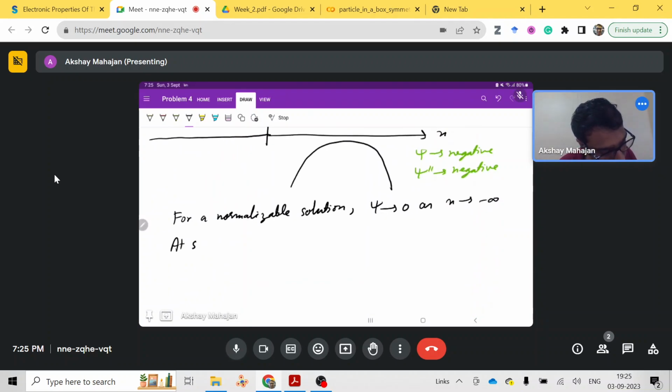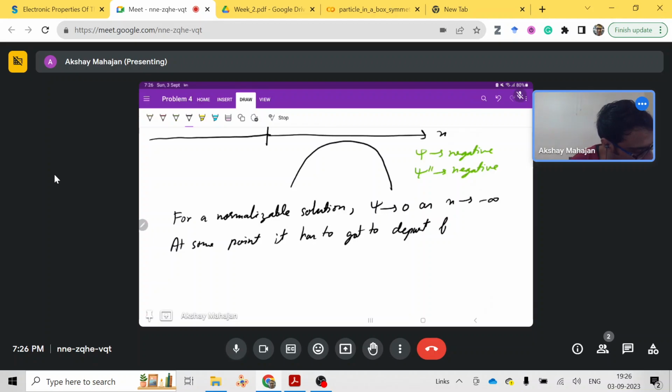Now at some point it has to depart from 0.